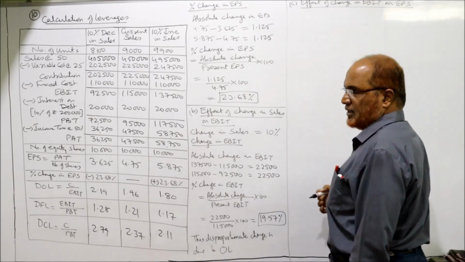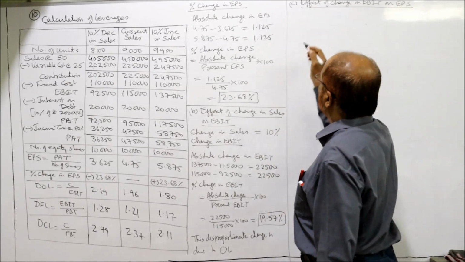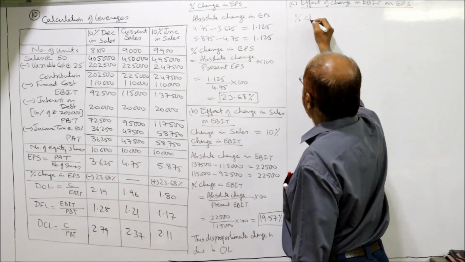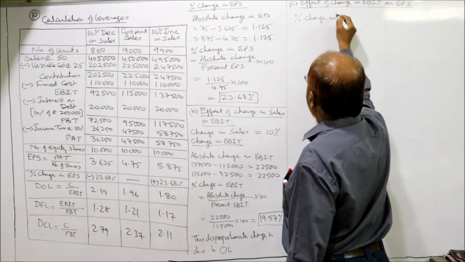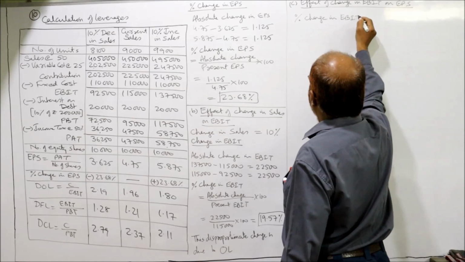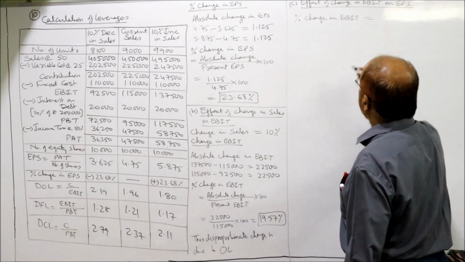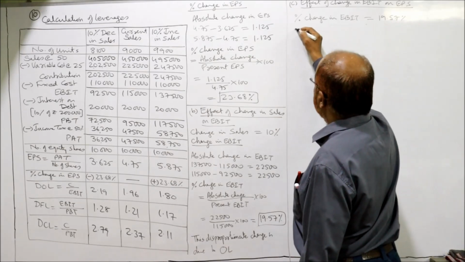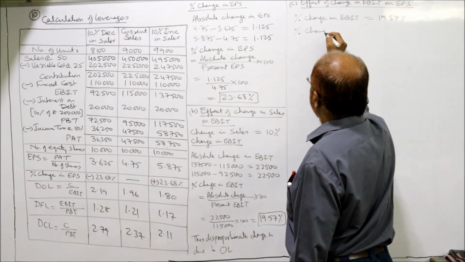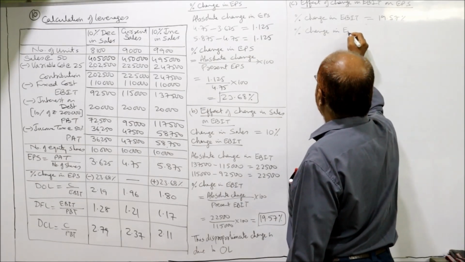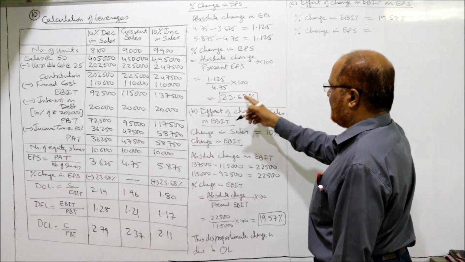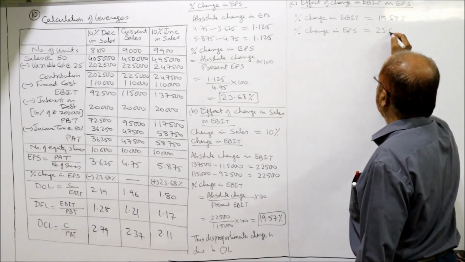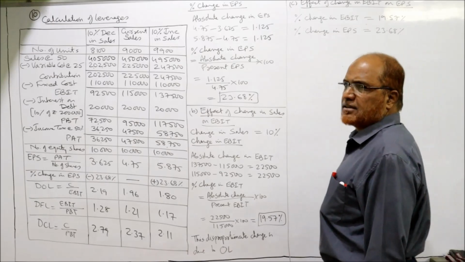Effect of change in EBIT on EPS. So percentage change in EBIT, just now we have calculated, is 19.57%, whereas percentage change in EPS is equal to, already we have calculated, 23.68%.